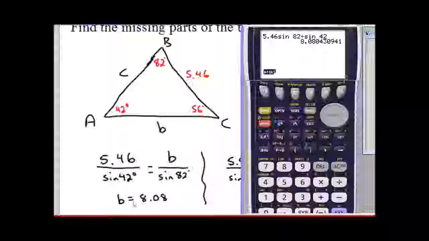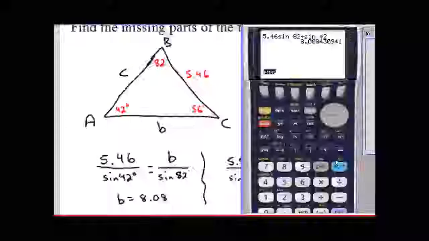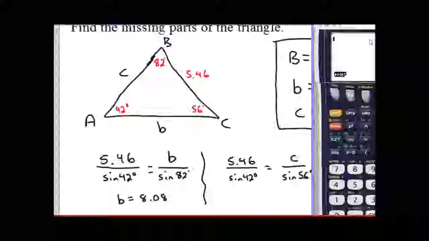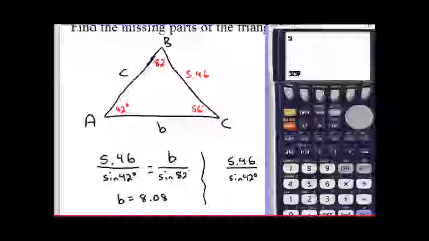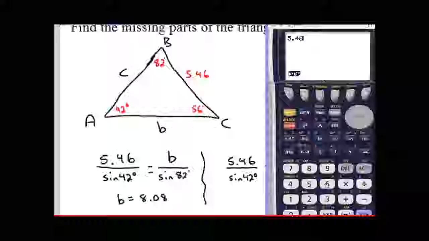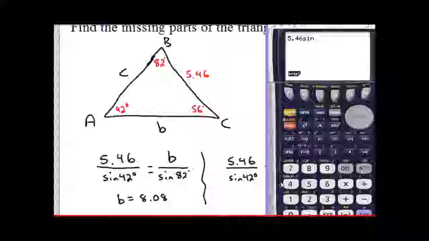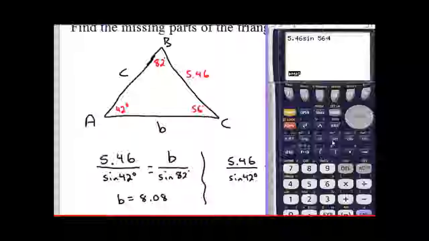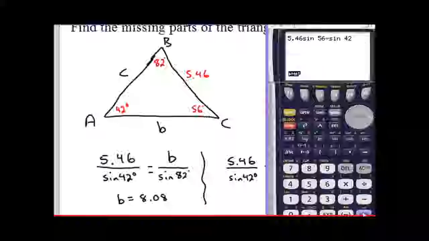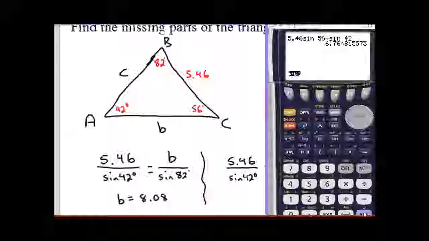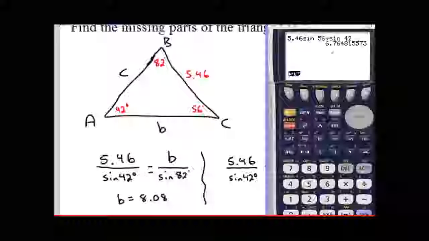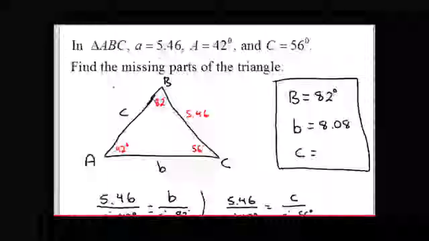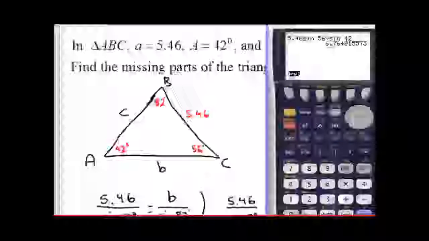So in my calculator, I'm going to cross multiply and divide, but this time it's 5.46 times the sine of 56, sine of angle C, divided by the sine of 42. And there's side C, 6.76. I like to go 3 decimal places, but the problem only gave us the stuff to 2 decimal places, so maybe I'll just go 2 on this one.